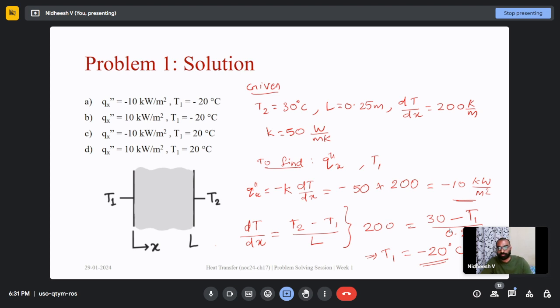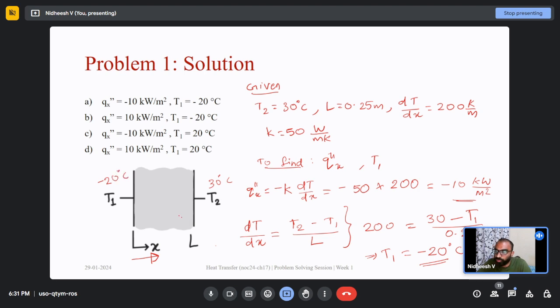Because T1 is less than T2. Yes. In this case, we have considered x to be positive in this direction, right? But T2 we got as 30 degrees Celsius, and T1 we got as minus 20 degrees Celsius.